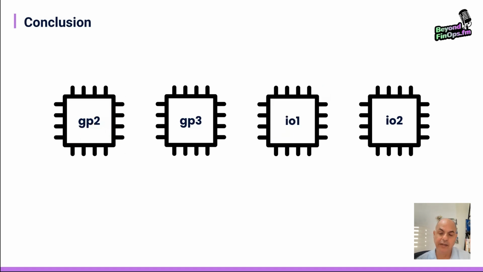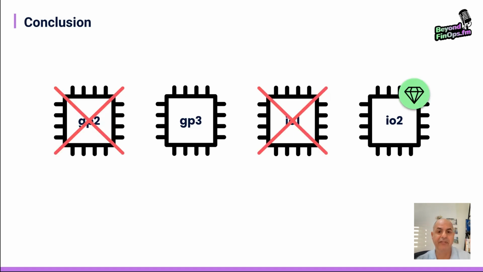So it has superior specifications, but is really used only in extreme use cases. For the majority of use cases, you should go with GP3. I would assume that 95% or even 100% of your use cases can be addressed by using GP3 volumes.